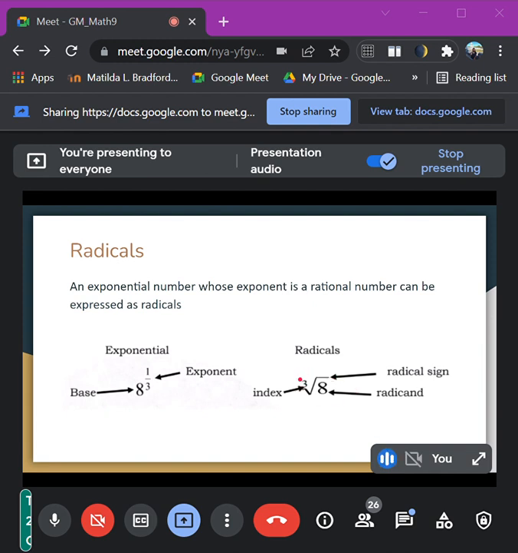Okay? Kung walay 3, that is square root of 8. Kung naay 3, that is cube root of 8. Okay? So that is how exponential and radical are related to each other. So that's why need nato ma-understand ang atong discussion last time.